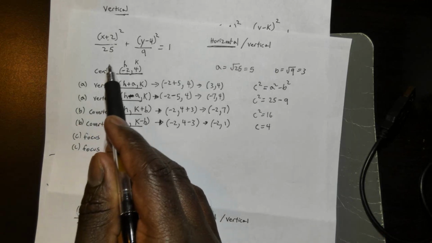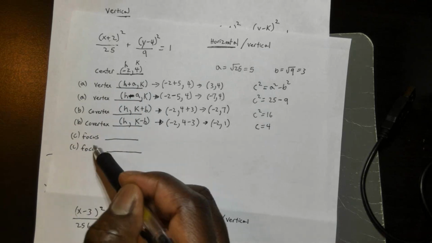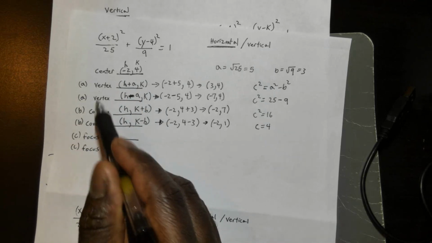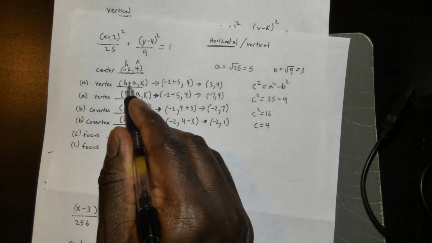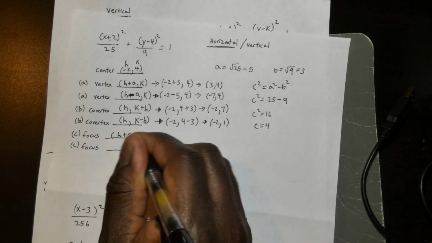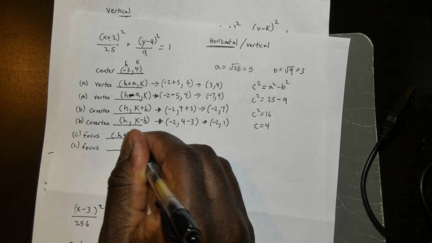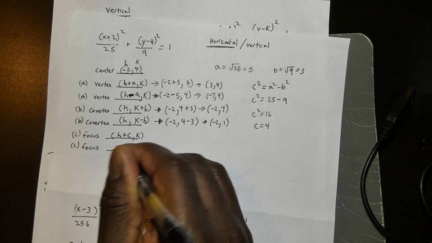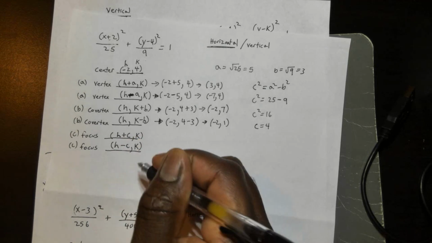When we find the focus, it's always going to use the c value. So when we look at our setup, the vertex and the focus kind of go together in how we do it. So remember how we added on to the h? So for the focus, we're also going to add on to that h. So for the focus, it's h plus c, comma, k. Or it could be h minus c, comma, k.